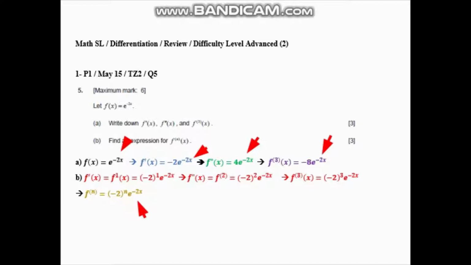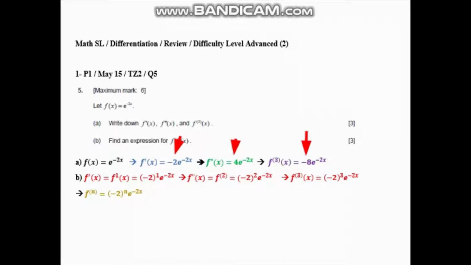So what does change? If you analyze each of the derivatives, you shall find that the first derivative had negative 2. The second derivative had negative 2 times negative 2. The third derivative had negative 2 times negative 2 times negative 2. Each time I multiply the answer by negative 2.